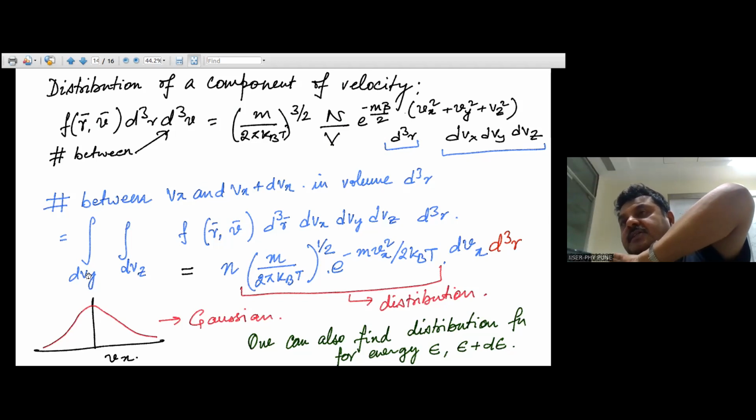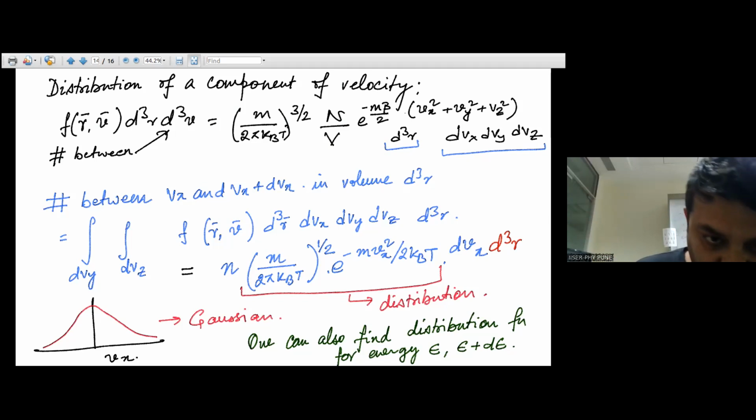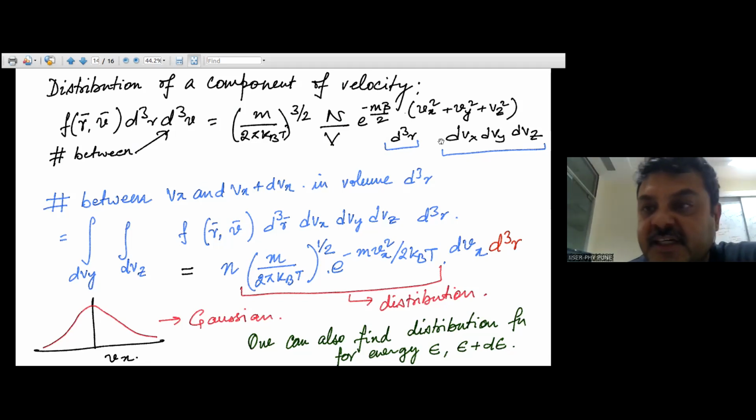Let the y and z components take any value that they want, suitably weighted. The weighting factor is here, vy square, vz square. But we are not allowing vx to vary freely. We want the number of particles for particular values of vx. So we are integrating over vy and vz, but not over vx. Hence, we are integrating over dvy and dvz.